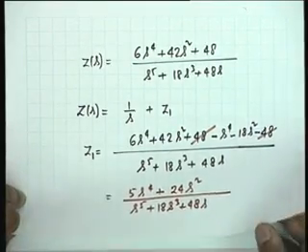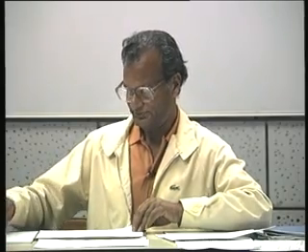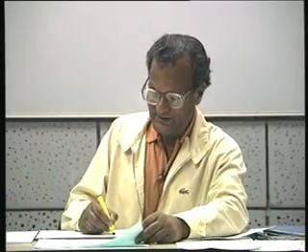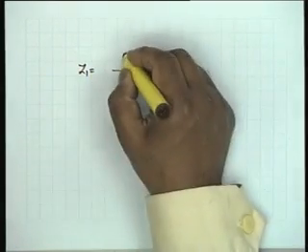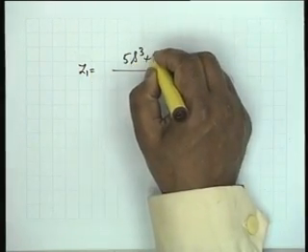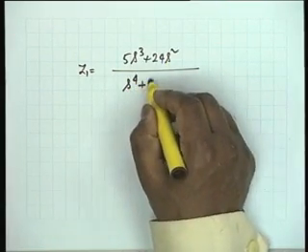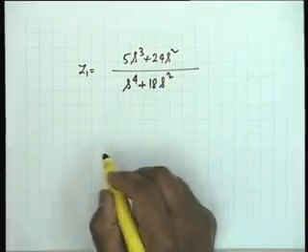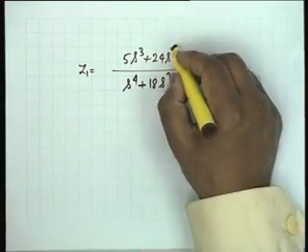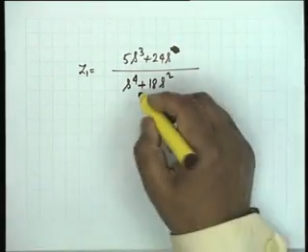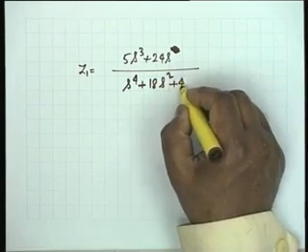So the factor S should cancel, and if I do that, then my function that remains is 5 S cubed plus 24 S, correct, divided by S to the 4 plus 18 S squared plus 48.